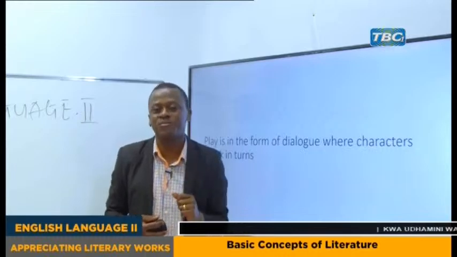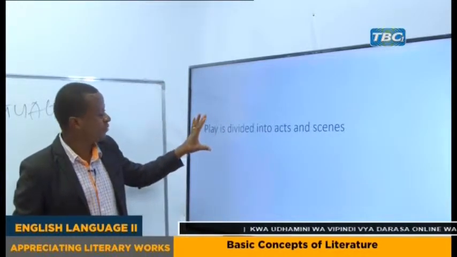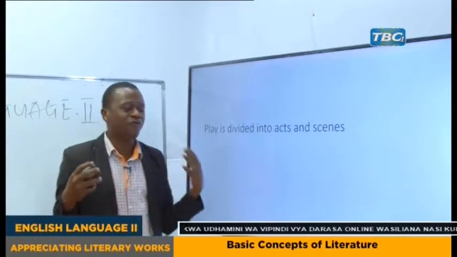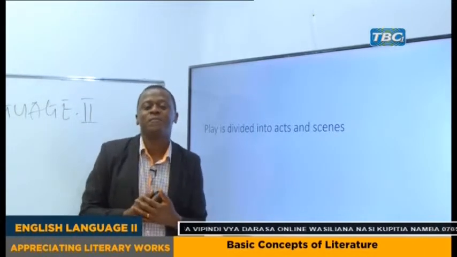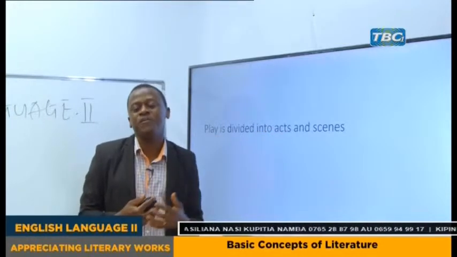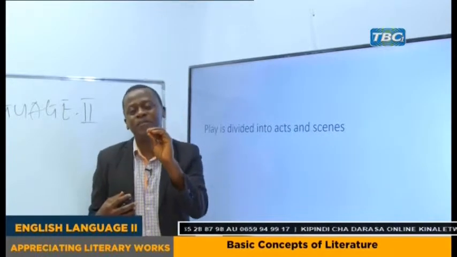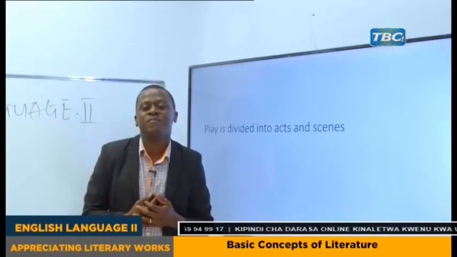Students, let's move to the next description. This is a description that a play is divided into acts and scenes, where an act is a major division of a play, while a scene is a minor division of a play.